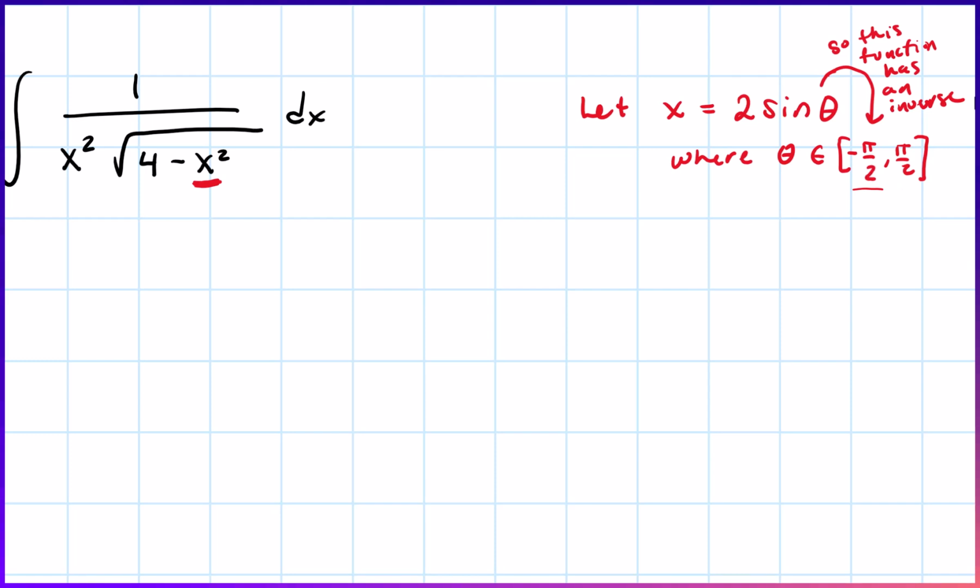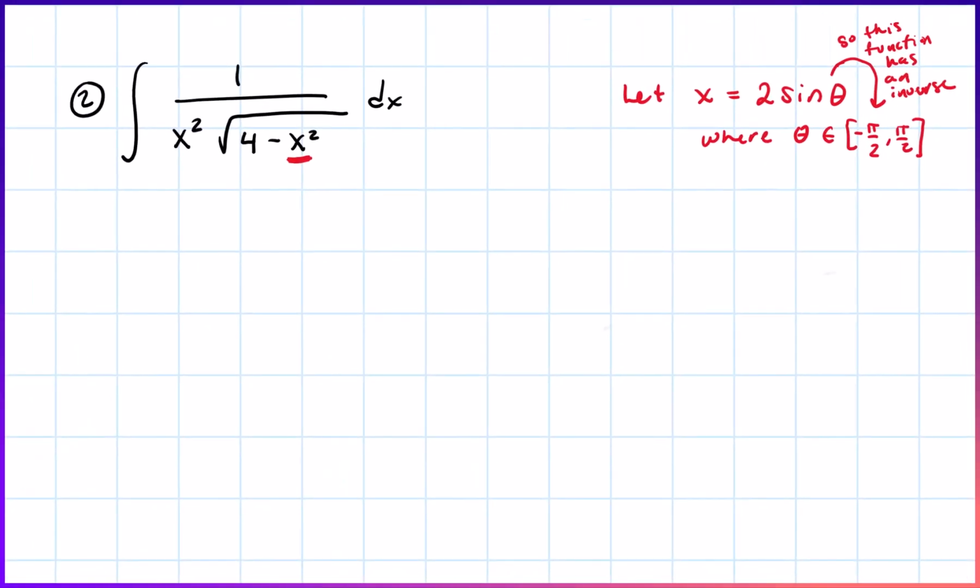On a restricted domain, they are 1 to 1, and then we can create or talk about their inverses, define their inverses. So this is the standard restriction on the sine function for when we create an inverse. So we're taking our normal sine function, in this case it's 2 sine, but we take our normal sine function, it goes like that, and we say, let's look at it just from negative pi over 2 to pi over 2, just on this highlighted region right there. And on that highlighted region, it is a 1-to-1 function. Therefore, it will have an inverse.